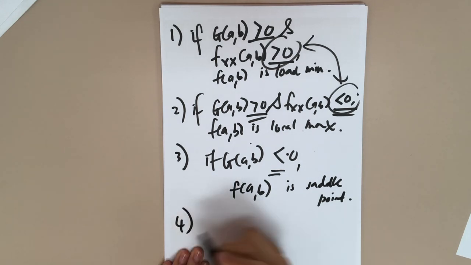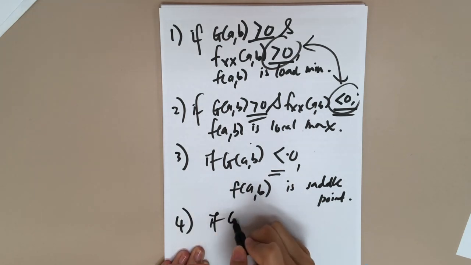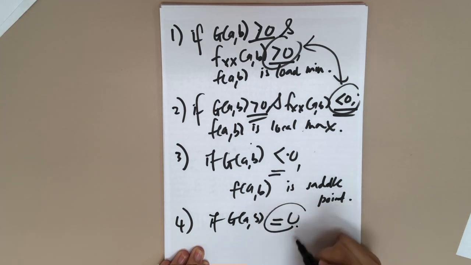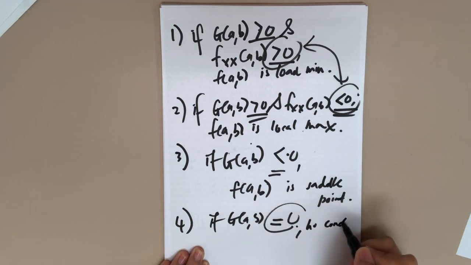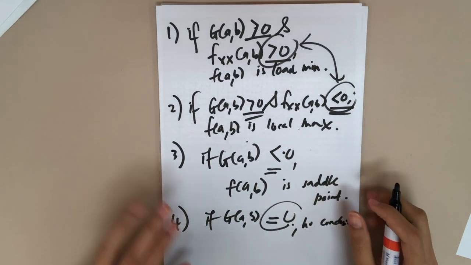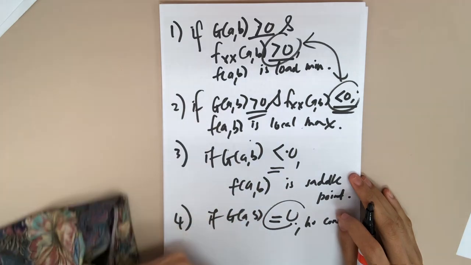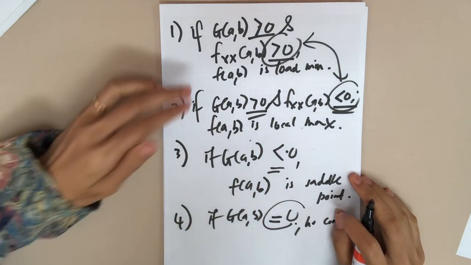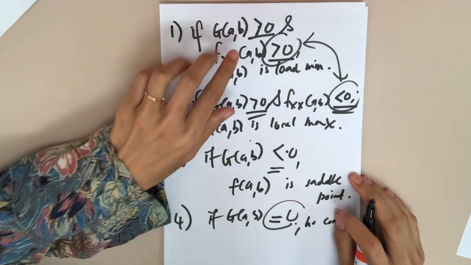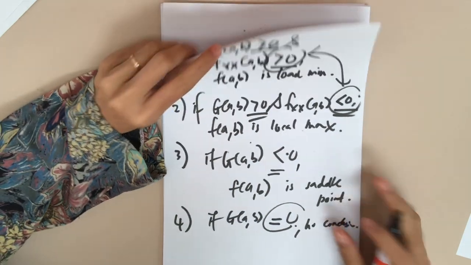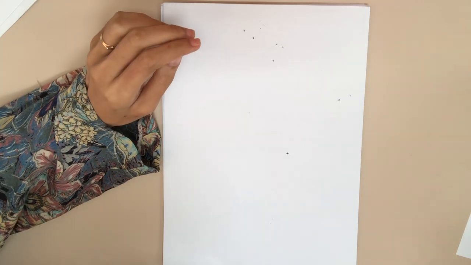The last one, condition number 4: if G(a,b) is equal to 0, there is no conclusion that we can make. So these are the 4 conditions that you need to memorize. You should just memorize the symbols, less than or greater than and so on.